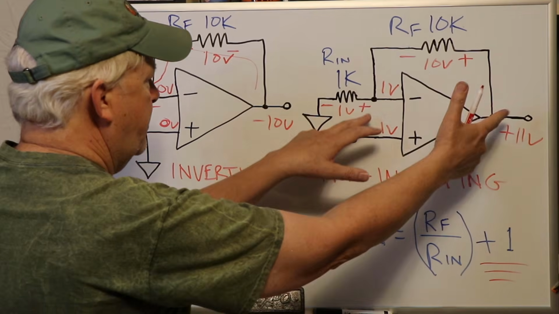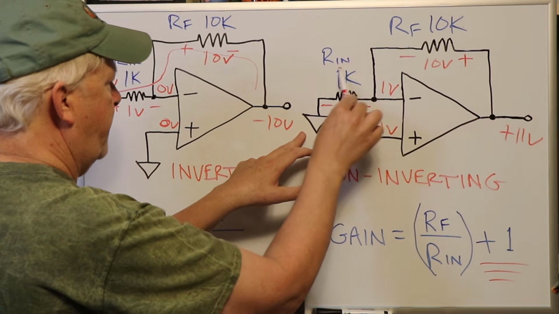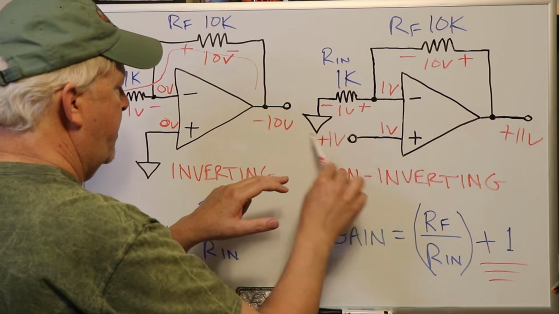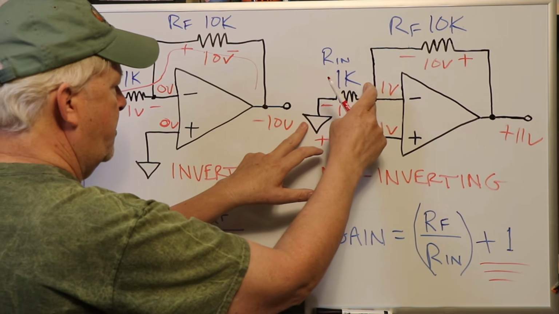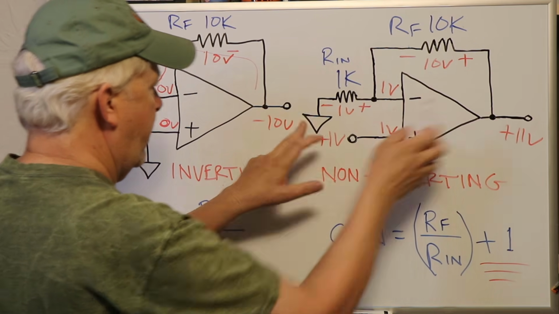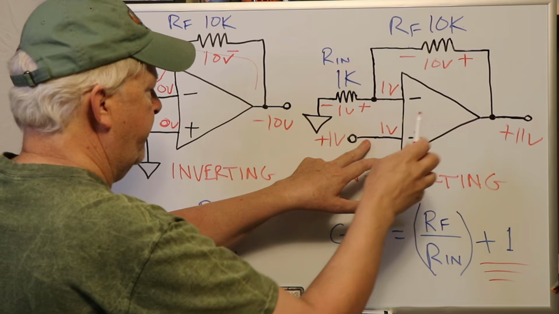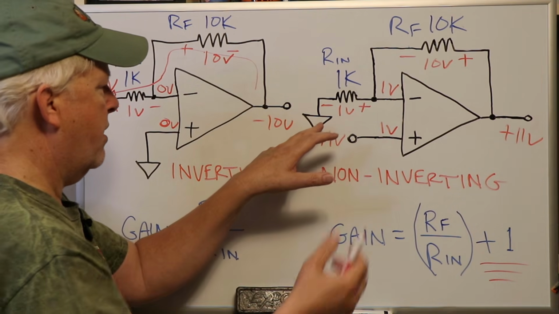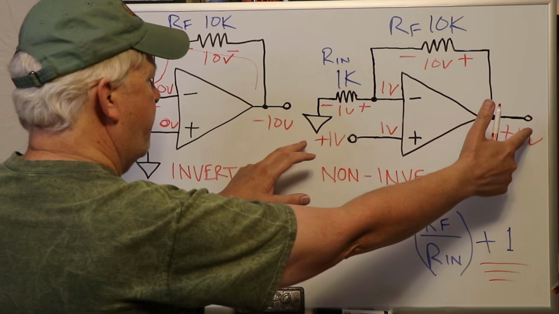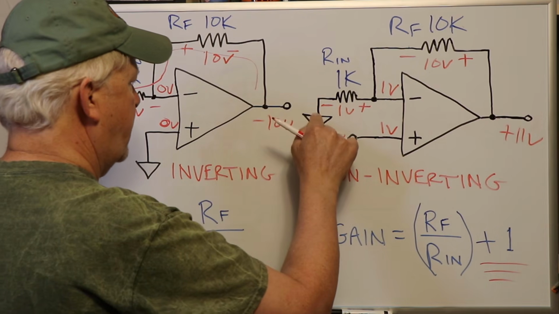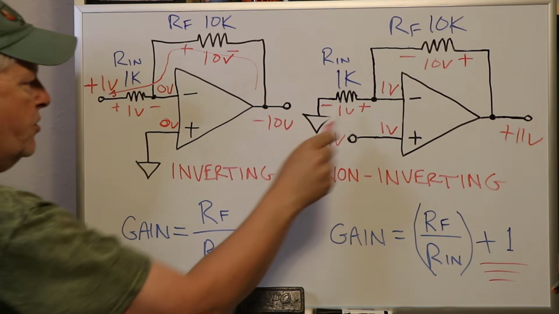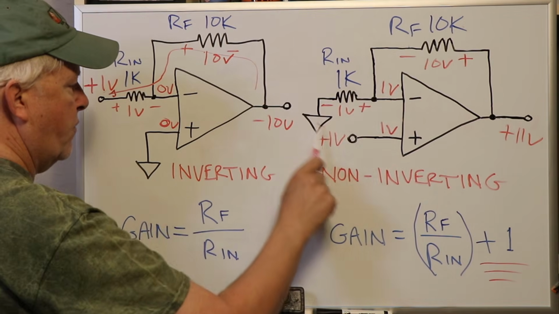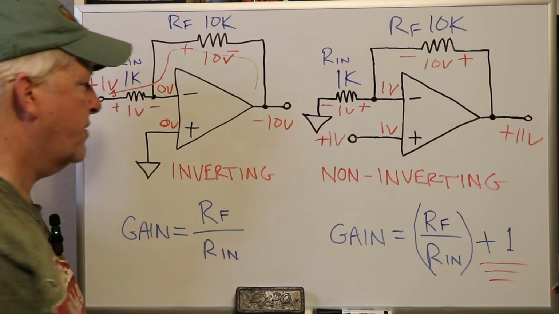But in this configuration, you have to factor this in. This is part of the output now, because it really comes down to where in the circuit you're referring the signal to, and in this case, the reference is here. So you have to add this. This is where the plus 1 is coming from.